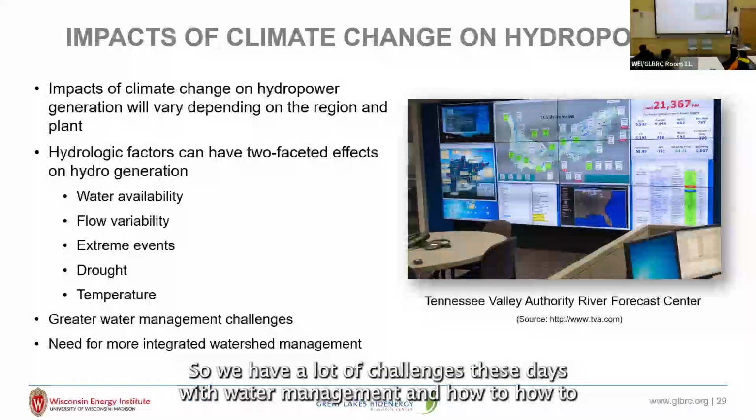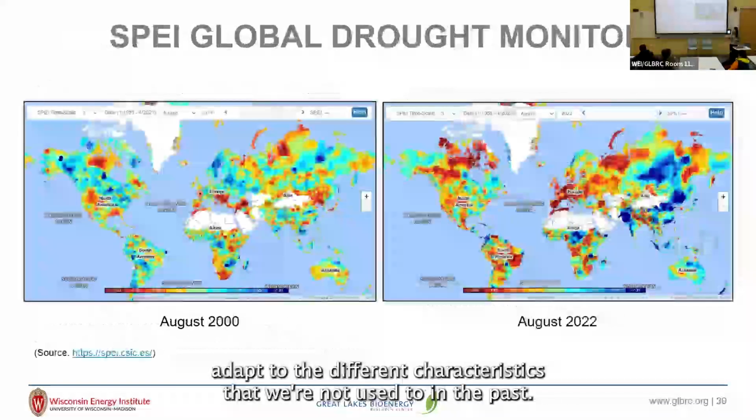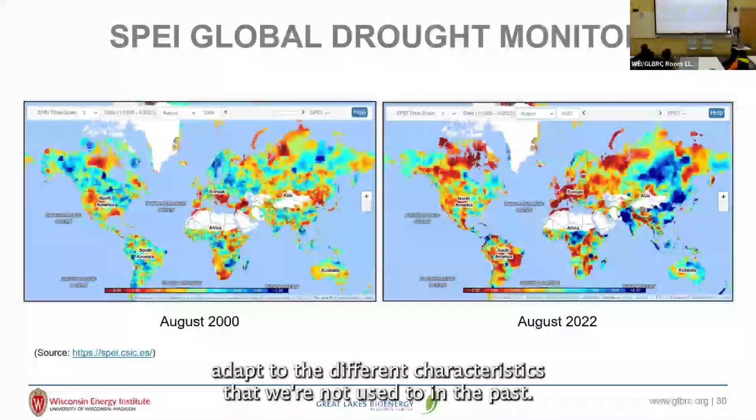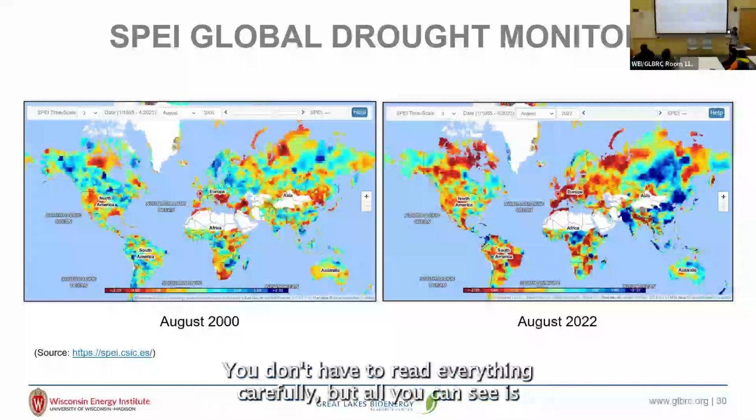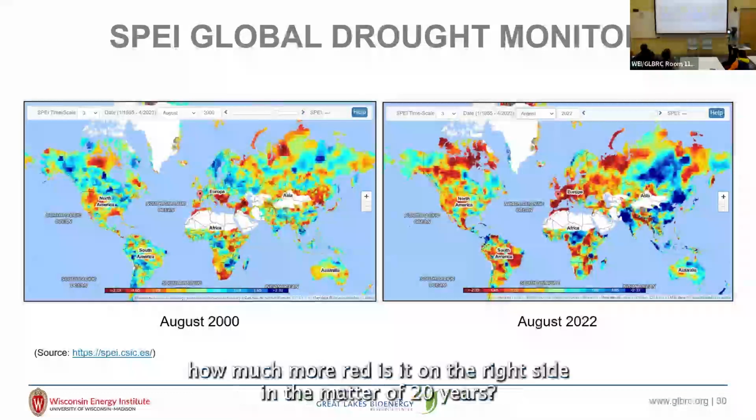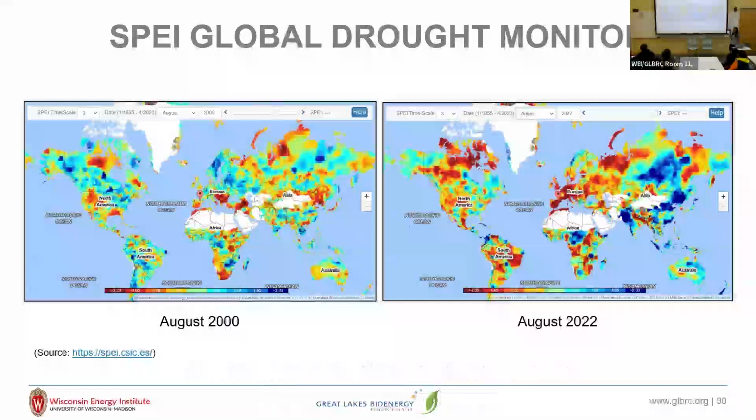So we have a lot of challenges these days with water management and how to adapt to the different characteristics that we were not used to in the past. Now, this is a comparison of the drought heat map from 2000 and 2022. You don't have to read everything carefully, but you can see how much more red it is on the right side in the matter of 20 years, right?